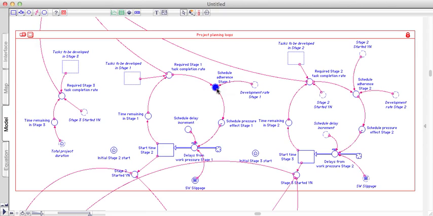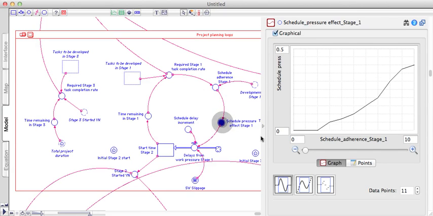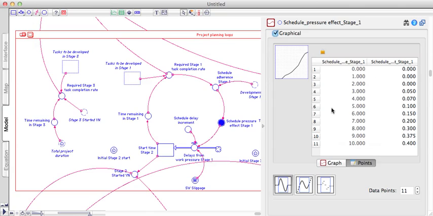Well, if you do not adhere to the schedule, then you get a schedule pressure effect. So if you, for instance, in this case, go to the data points, if you have, say, 2 times as much tasks that you need to develop per week as you're actually doing, there is not really a schedule pressure. If it's 4 times as much, you get already an effect on the schedule.